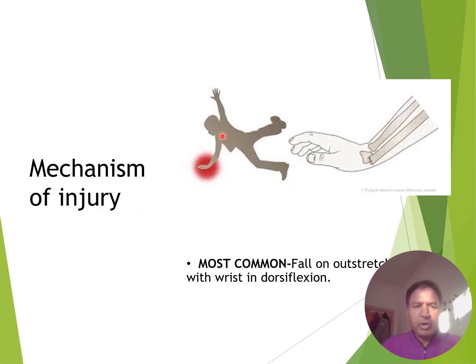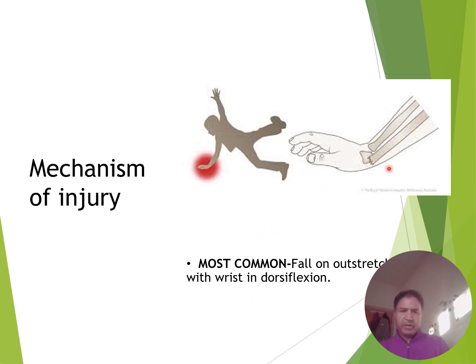The most common mechanism of injury is when the patient falls on an outstretched hand with the wrist in dorsiflexion. You can see this is dorsiflexion.